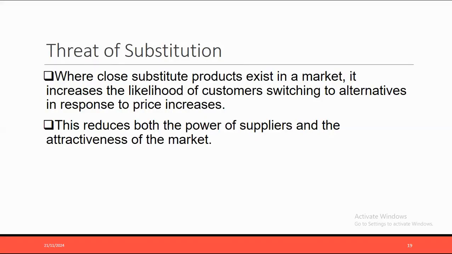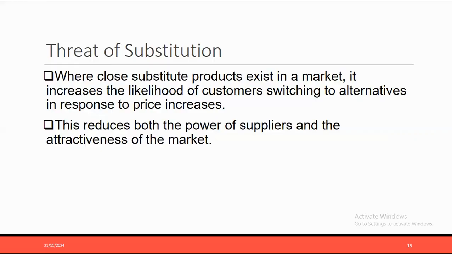Then you have the threat of substitution, where close substitute products exist in the market. What happens is that it increases the likelihood of customers to switch to alternatives in response to price increases. So if there are several substitutes for the product that you are dealing in, and you increase your price for the product or service, the consumers are likely to switch to substitutes.